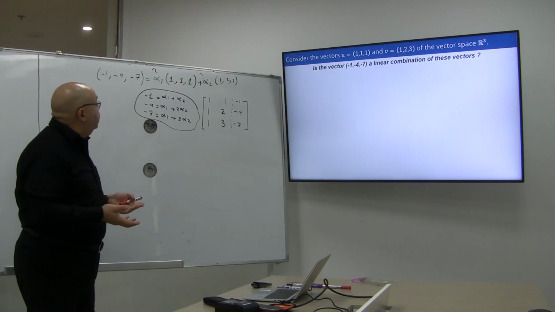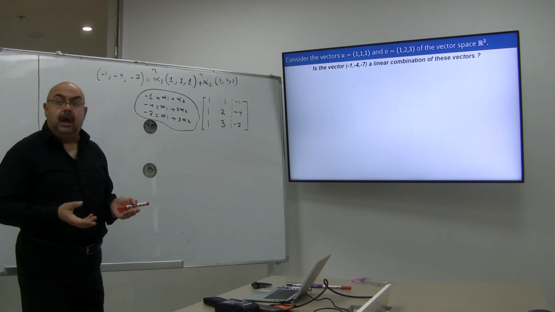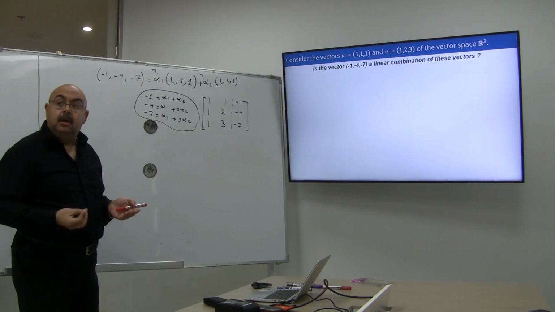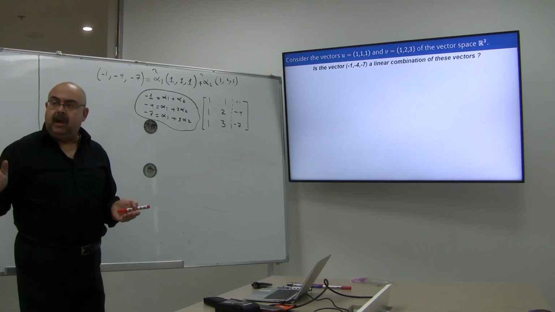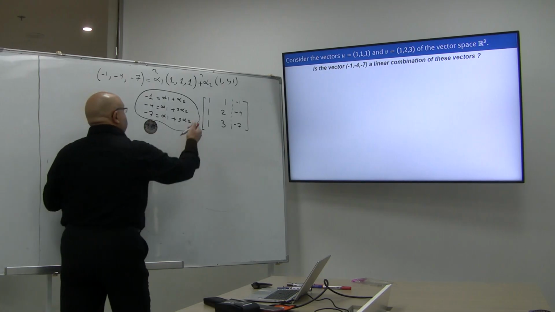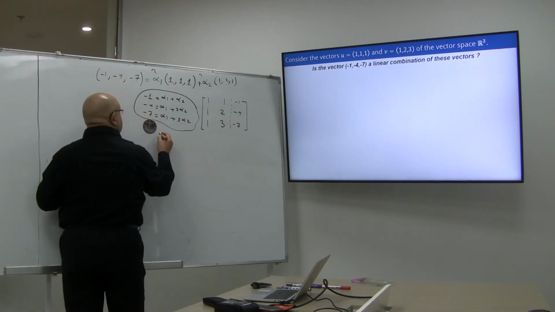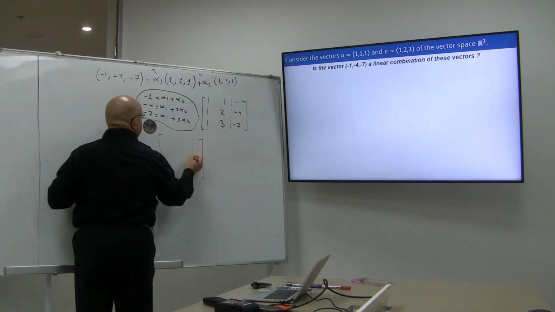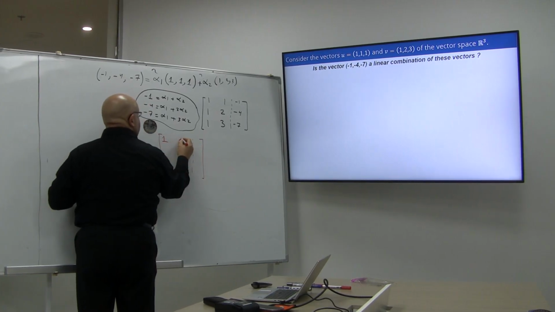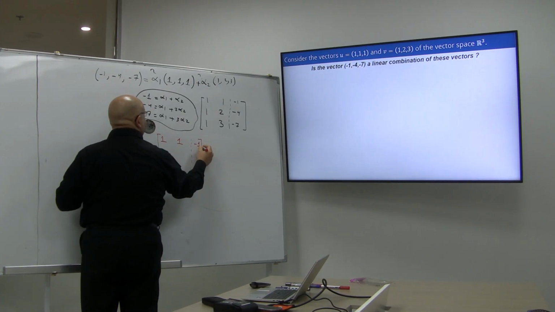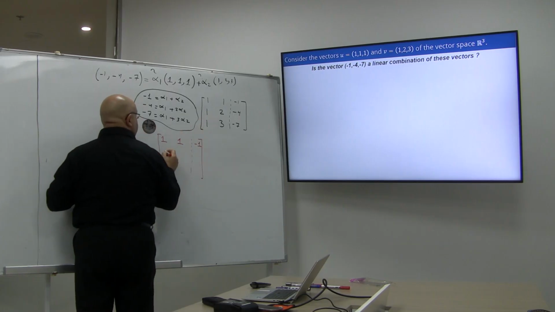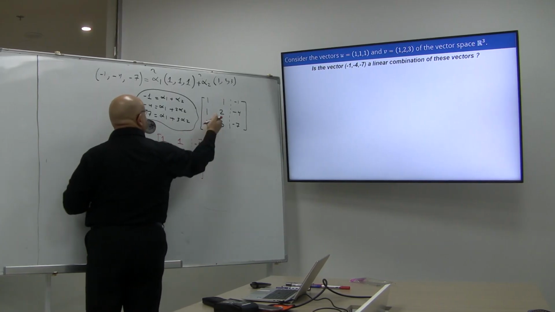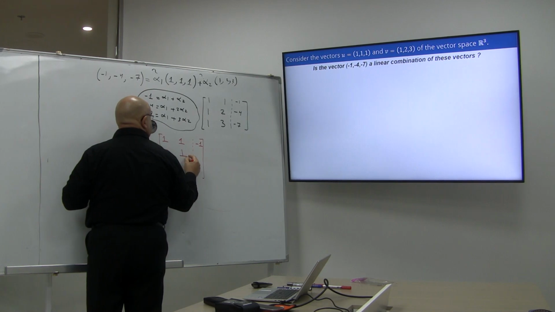Try to get the values of alpha 1 and alpha 2. How do we get them? Reduced echelon form. Great, Ziad. Then I will multiply the first row by -1 and add it to the second row. Keep the first row as it is: 1, 1, -1. -1 plus 1 is going to equal 0. -1 plus 2 is going to be +1.